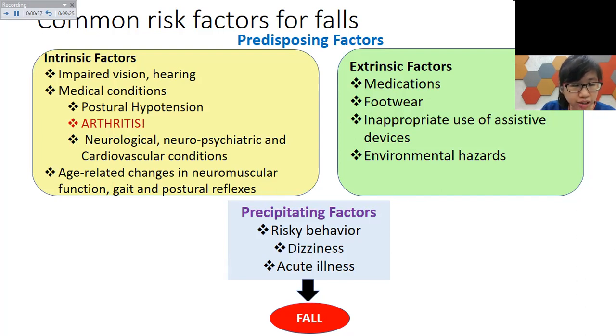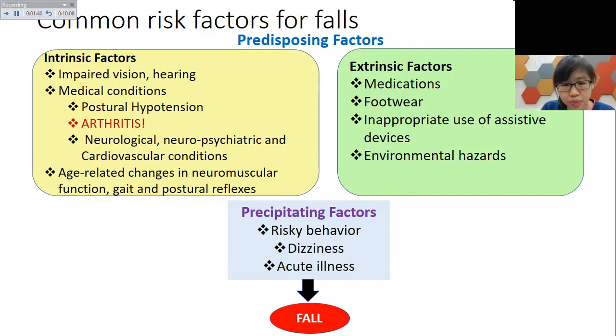For the extrinsic factors, I would like to highlight medications as one of the high risk factors that contributes to postural hypotension or hypotension and compromises the adequate perfusion to organs that's required to maintain the postural control. And also the lack of or inappropriate use of mobility aids or footwear are also important factors to consider. And of course, we have precipitating factors like risky behavior, dizziness, acute illness that can all precipitate a fall.